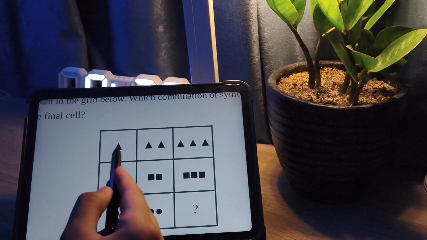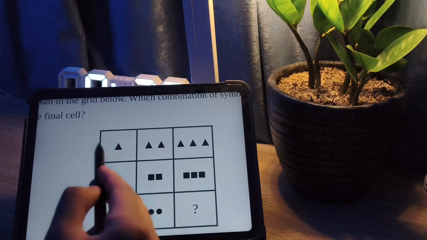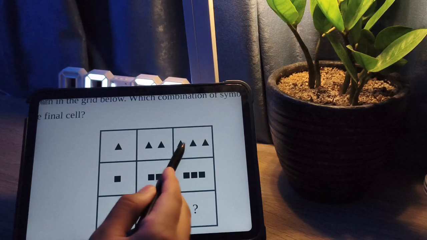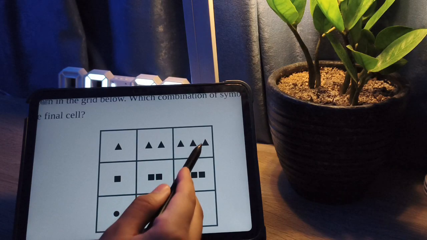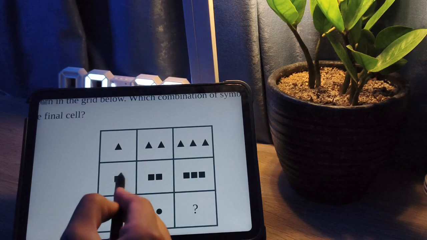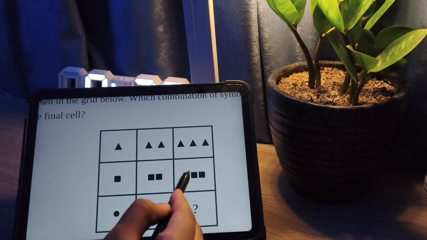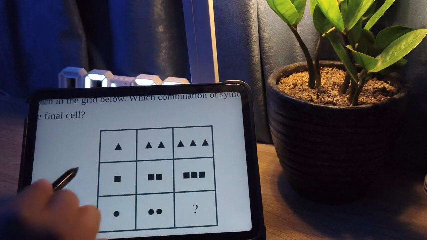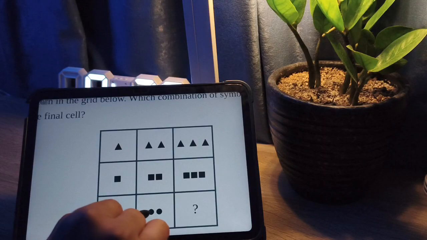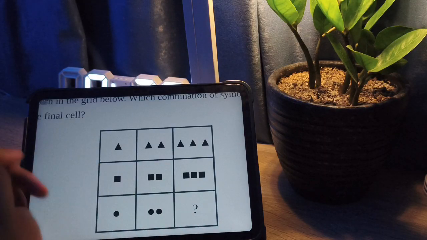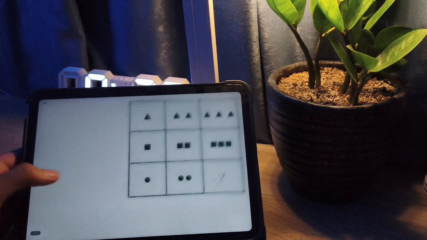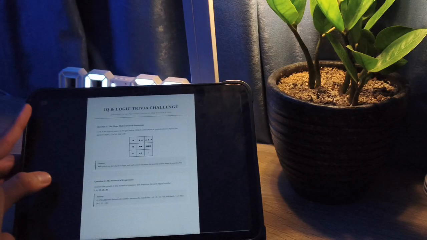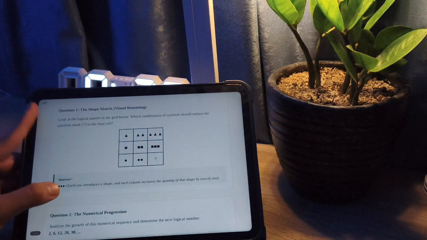We have triangle, two triangles, squares, dots, two dots, and here the answer is three dots.